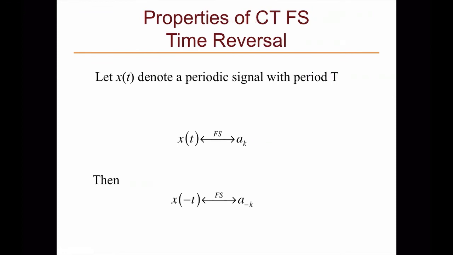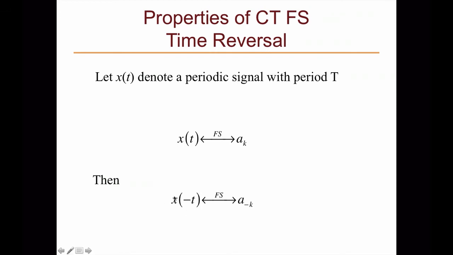For time reversal, if x(t) corresponds to ak, then if you flip the signal to x(minus t), what you have is a minus k, meaning that you would have the same coefficient but in a flipped manner as well.